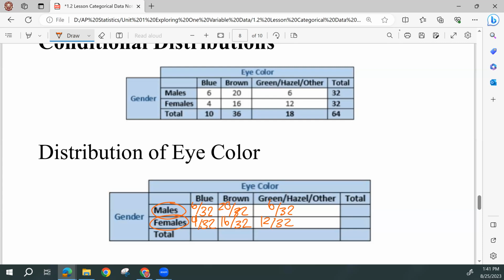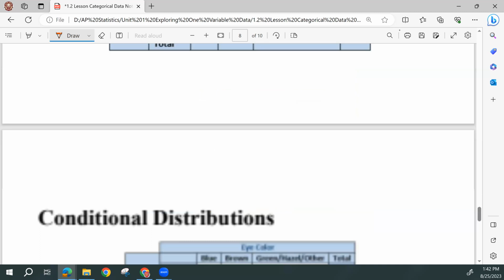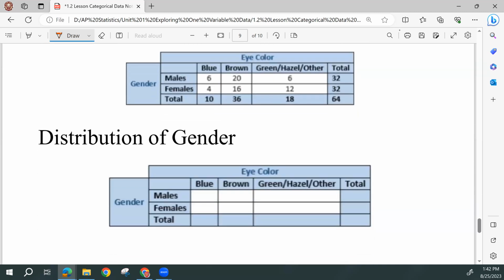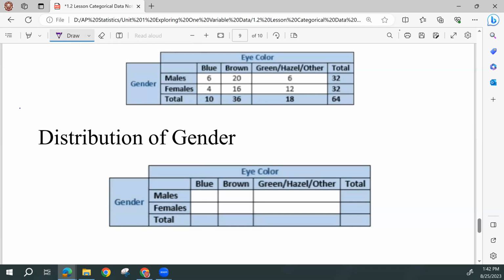And again, we could convert those to decimals. Rounding to 4 decimal places is the best thing to do. But again, for time's sake, I'll let you either do that on your own, or we can follow up in other problems using decimals. We can do the same thing if we want to isolate one color eye and see how the genders are distributed across that eye color. And all of this would be to figure out if there is some relationship between gender and eye color.